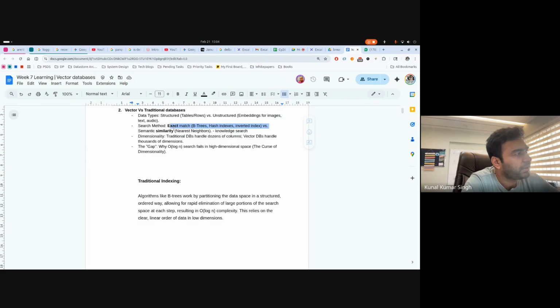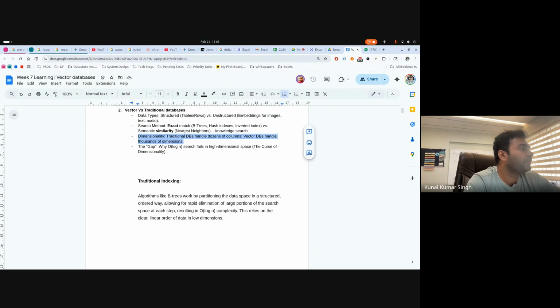But in a vector database, if you search, the query embedding for Apple as a brand and Apple as a fruit are very, very different, right? So this will match based on the context. If you are looking for a brand, it will match Apple as a company. If you are looking for a fruit, it will match only fruit. So in that sense, it's able to encode that knowledge and then search within the knowledge space. But this one just does a text-based match. So no intelligence or knowledge is there, right?